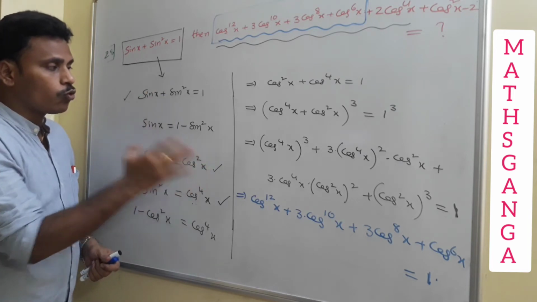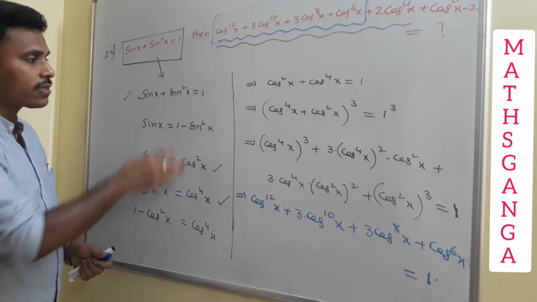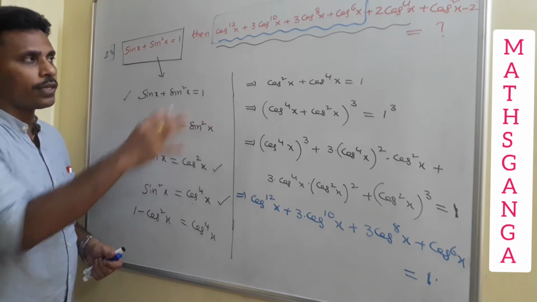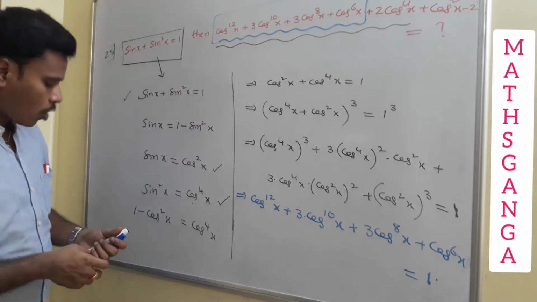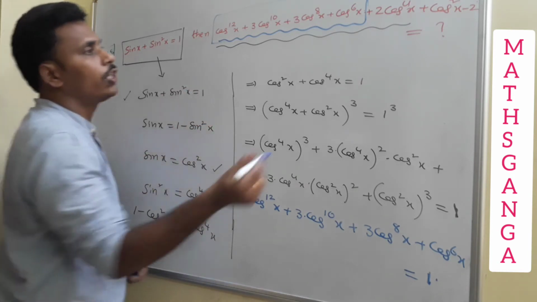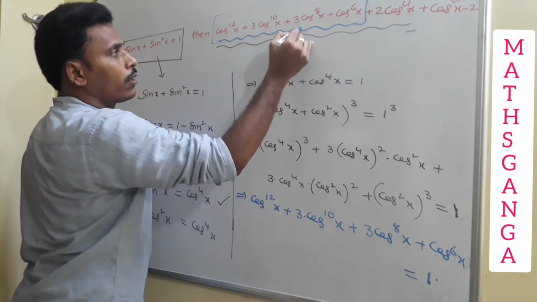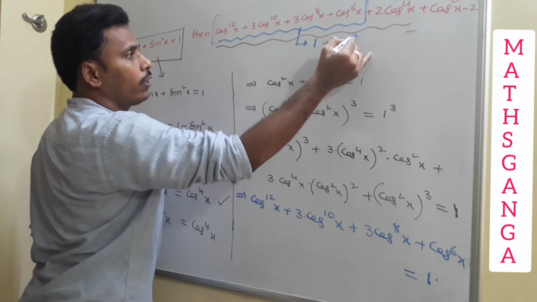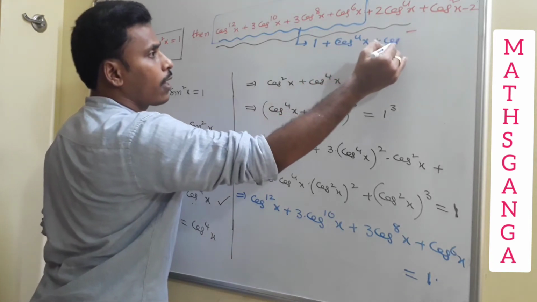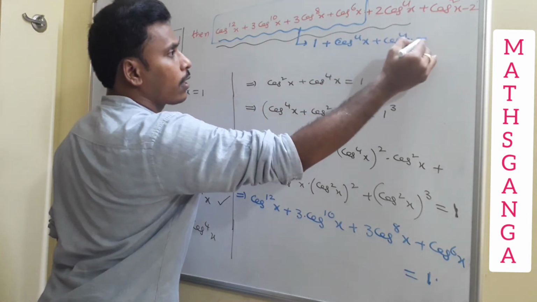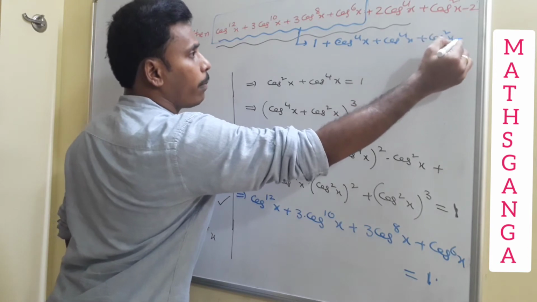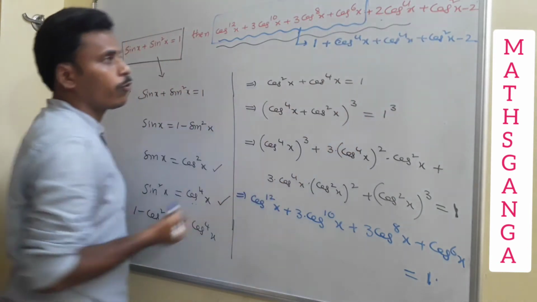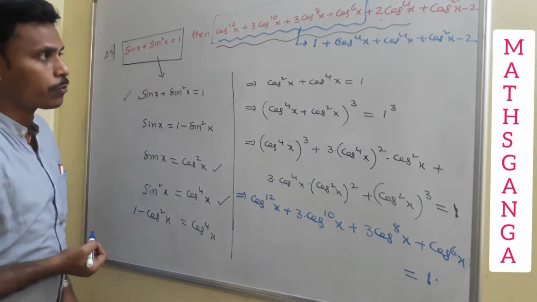Okay. Till now, just have a look at this, and now I erase something for space concerns, and then I will continue. See, if I continue here, this is equal to 1 + 2cos⁴x − 2 actually. So cos⁴x + cos⁴x + cos²x − 2. Just write this 2cos⁴x as cos⁴x + cos⁴x.